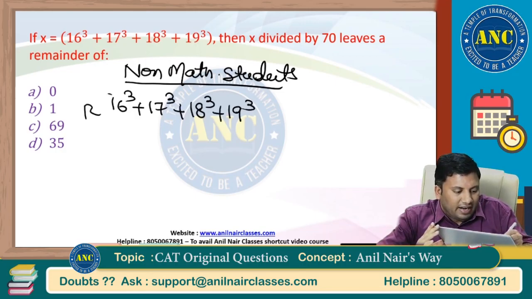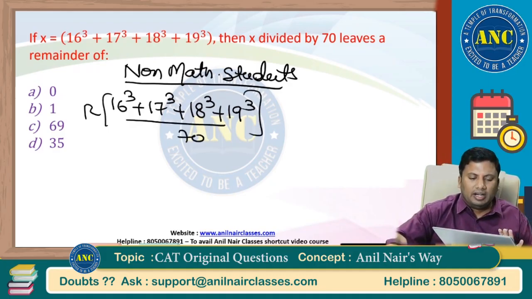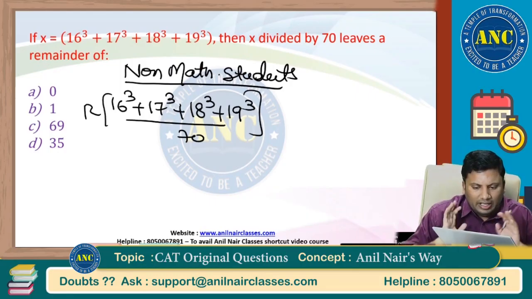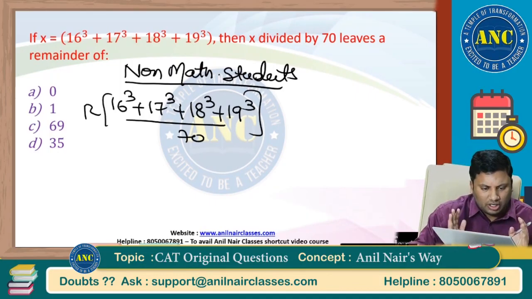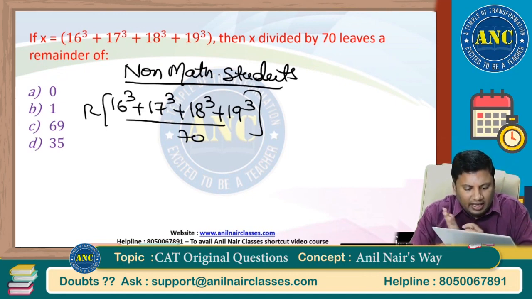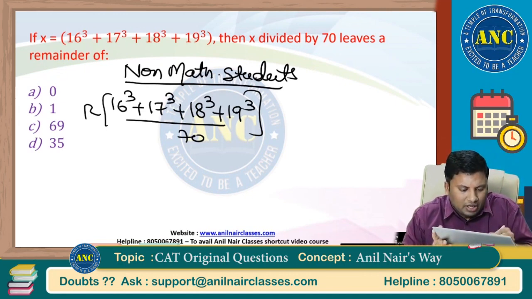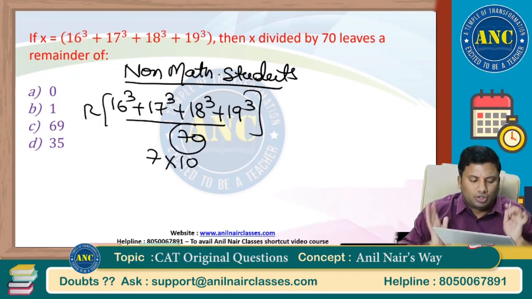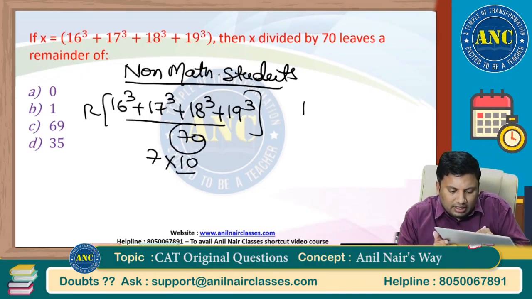When it is divided by 70, what is the remainder? First of all, he does not know any of the logic. He just read the question. 70 is nothing but 7 into 10. Now he knows that.